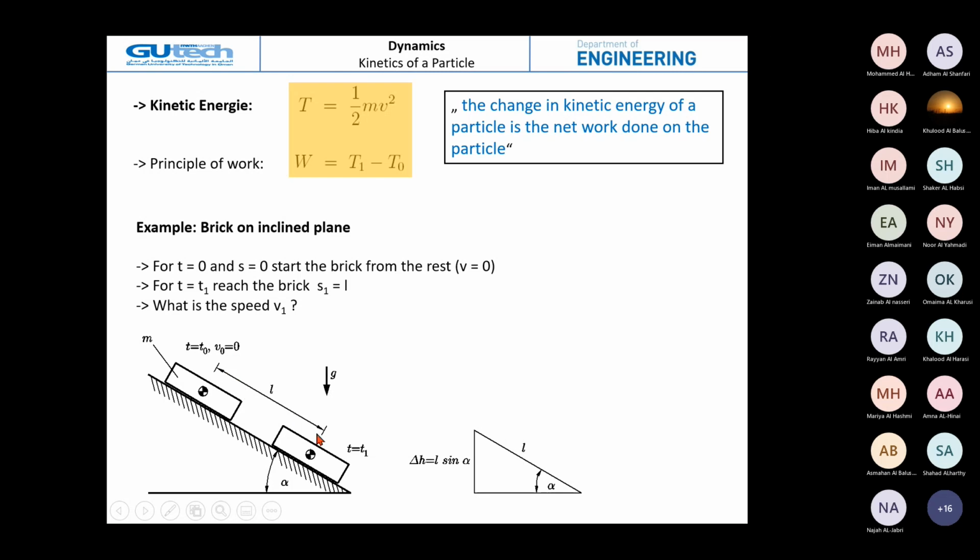The covered distance to the actual state at time t equal to t1 is L. The whole system is under a gravitational field. Now, if we look at this inclined plane, described by the angle alpha, the height delta H is L sine alpha.